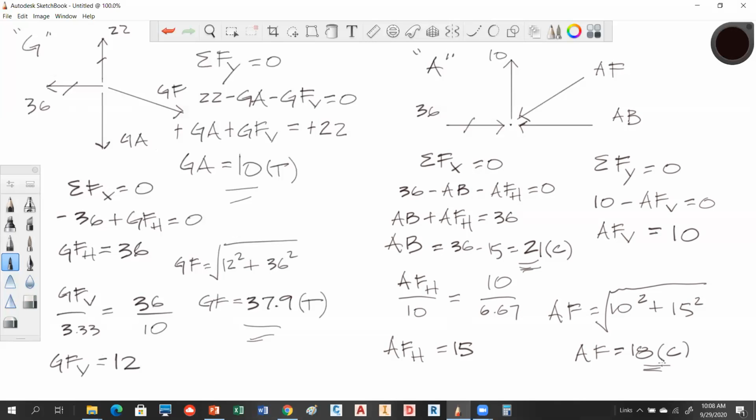Actually, I take that back. At F, you probably do have enough information now because we solved GF and we solved AF. So we could go to F, but I think you want to use your D suggestion.